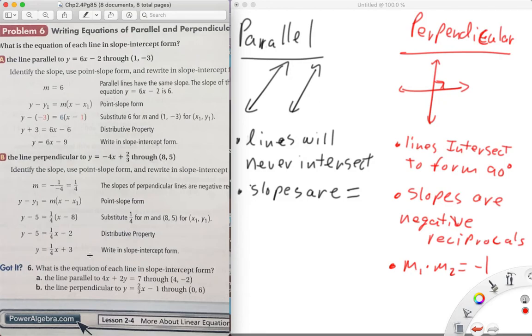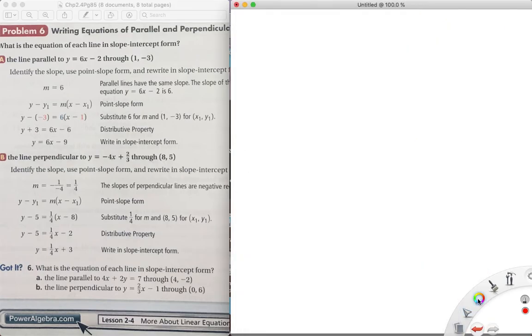So they want the equation of each line in slope-intercept form. So they want a line that's parallel to that goes through 4, negative 2 in slope-intercept form. So we just first have to get the slope. So what we can do is first we have it in standard form, right?